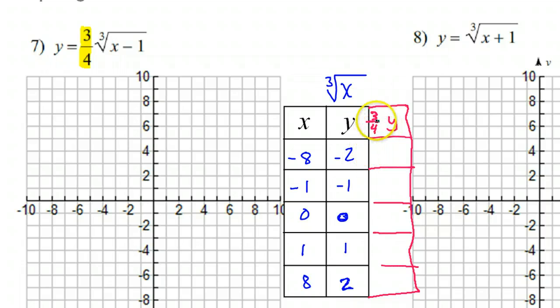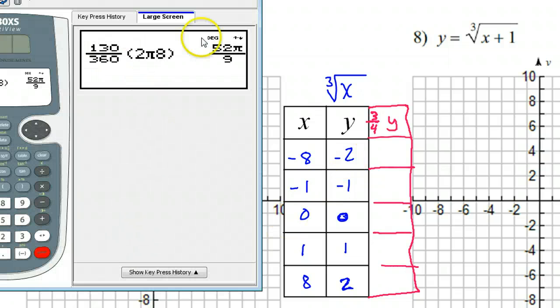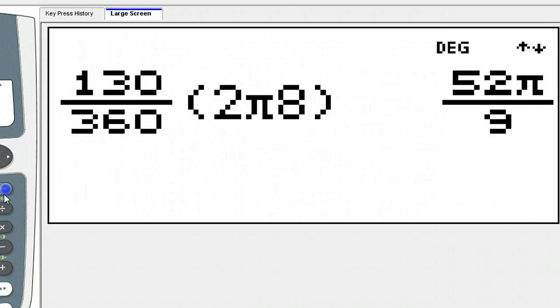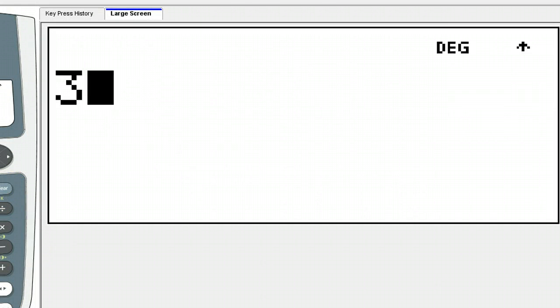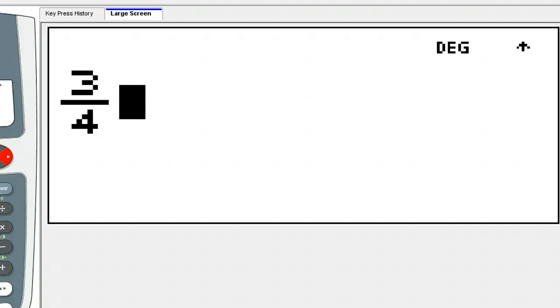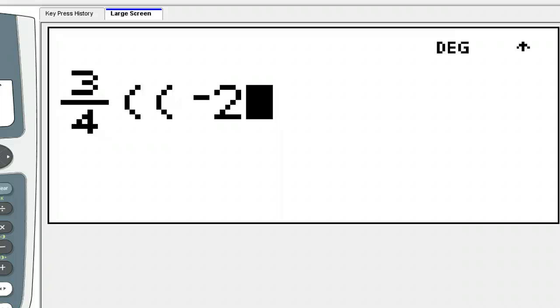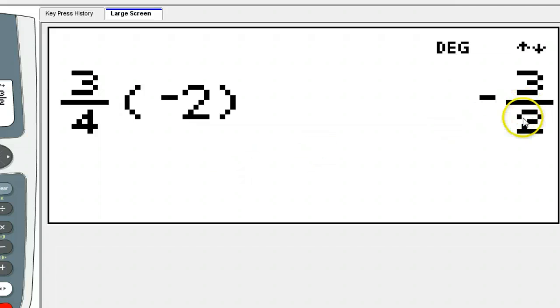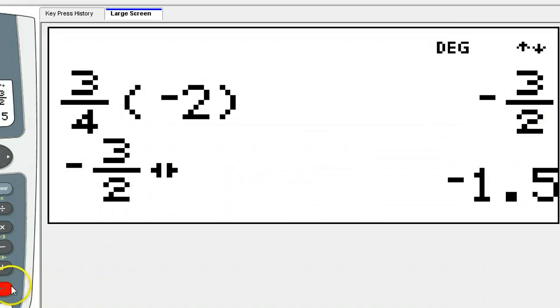So let's use a calculator. So 3/4 of -2. So I get -3/2, which is -1.5.